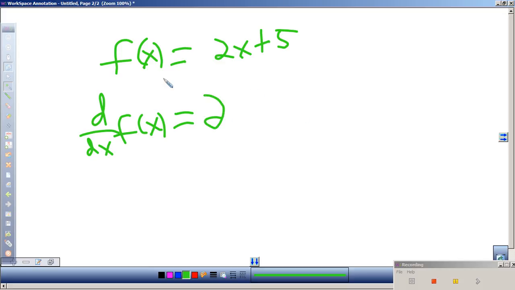Remember, we're using this to find the slope, right? So what's the slope of f of x? 2, because it's mx plus b form. Therefore, when I apply this to f of x, I get 2. You with me? So this is just telling us what operation we're doing to this function.